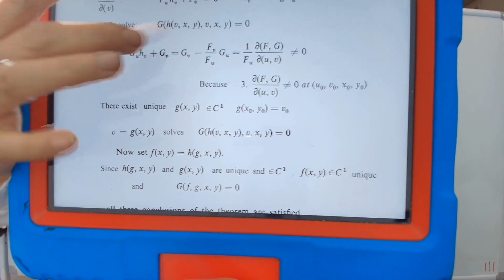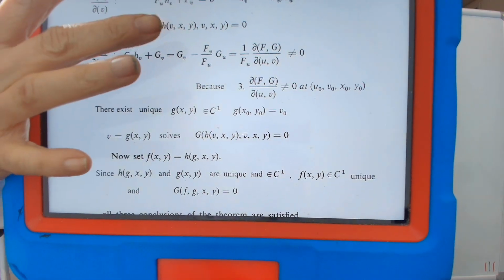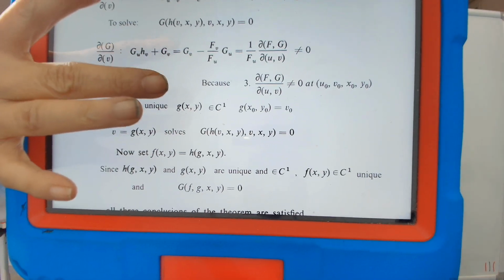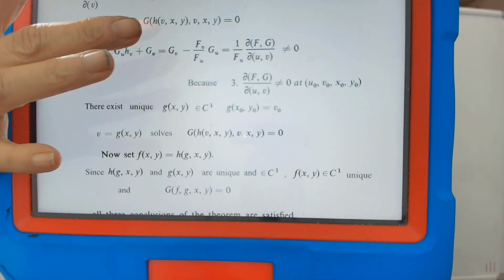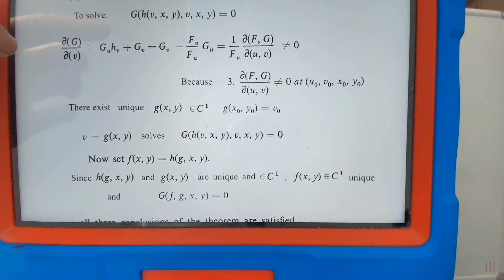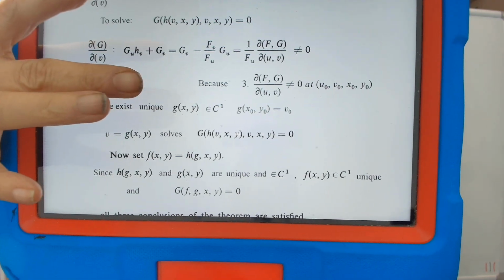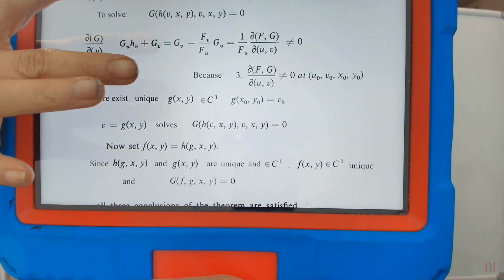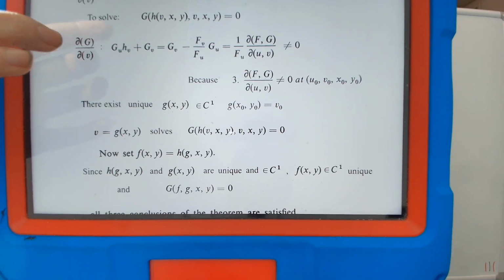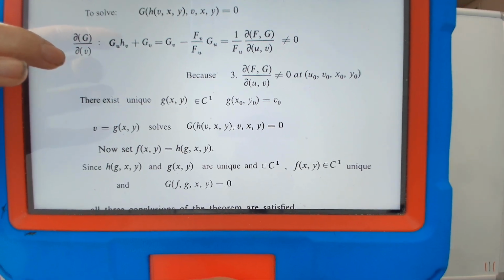We very quickly will recognize that it equals 1 over F_u times the Jacobian of F, G with respect to u, v. Now remember, that's one of the conditions, that the Jacobian is not 0. And so this whole thing, partial G, partial v, is also not 0.